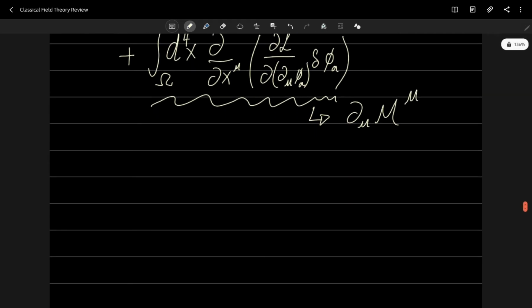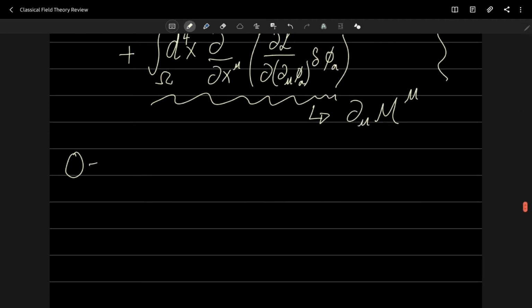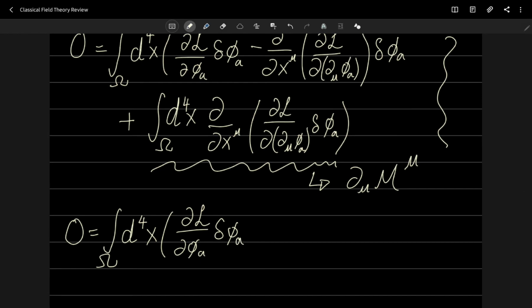And so this thing is partial mu of M mu, where M is the manifold. Now with this, the above expression becomes 0 is equal to the integral over omega d4x of partial L over partial phi a delta phi a, minus partial over partial x mu times partial L over partial (partial mu phi a) times delta phi a, plus partial mu M mu.